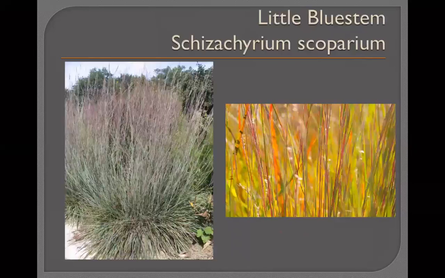Little bluestem, Schizachyrium scoparium. Twilight Zone is one of my favorites that has come out in the last several years. There's Blue Heaven, which is the one on the left there, but all have great fall color and get about 3 to 4 feet tall.